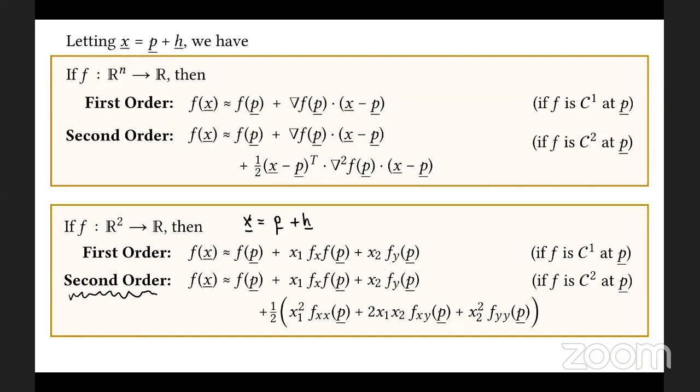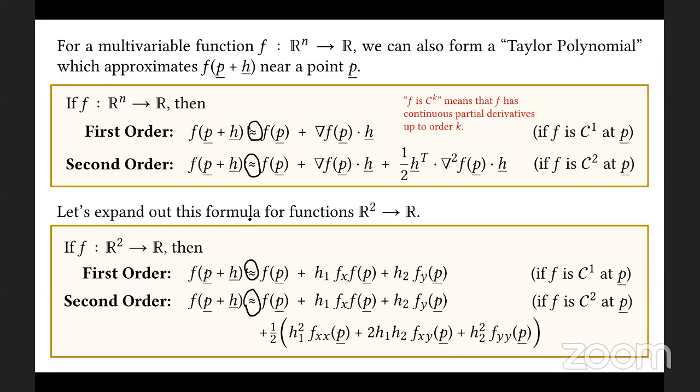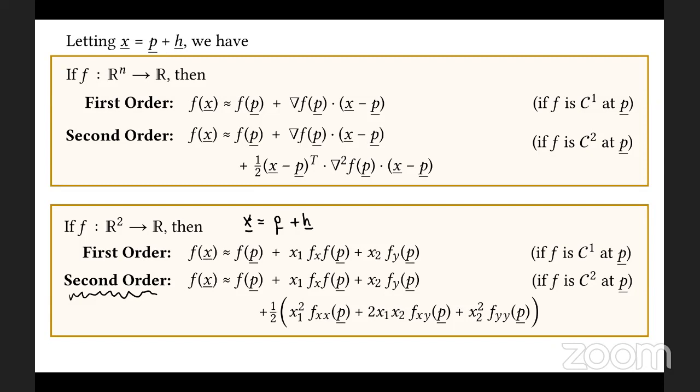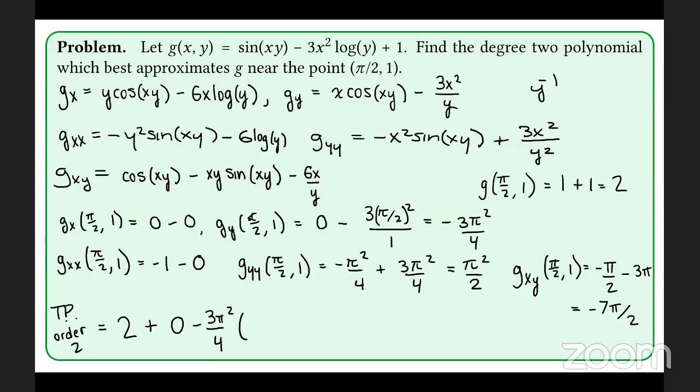Yeah, these here are wrong. I need to fix these. These are supposed to be x minus p. Those should be x minus p. So maybe that's actually what he was trying to point out. Those are wrong. I'll fix those on the slides for people later.